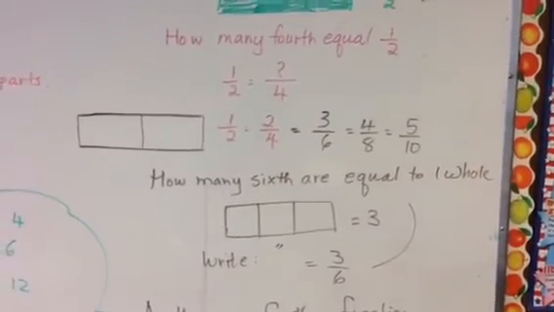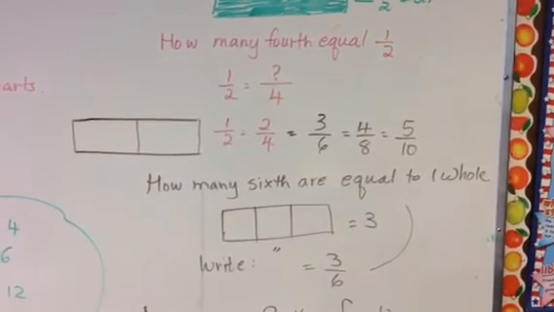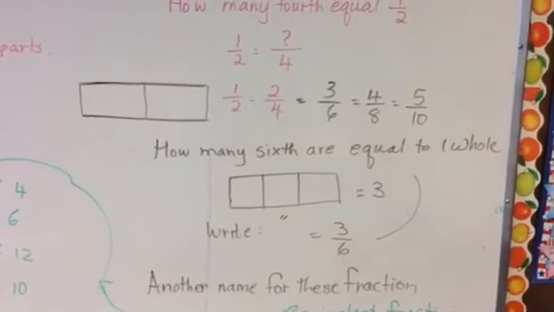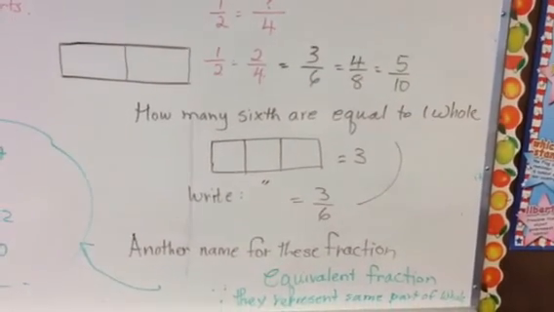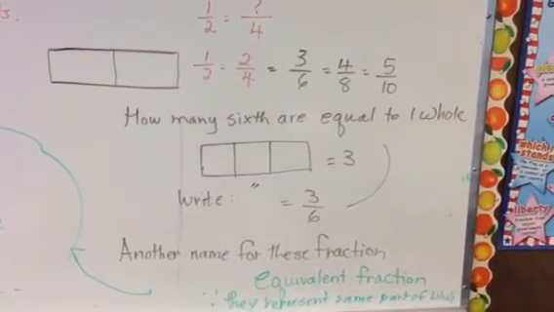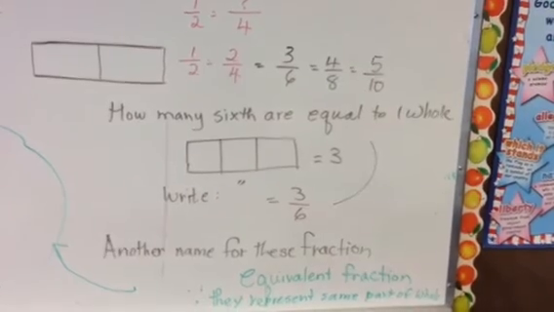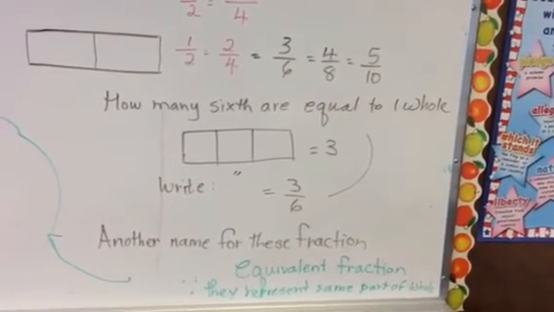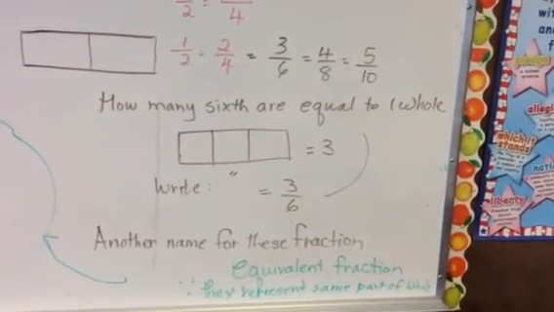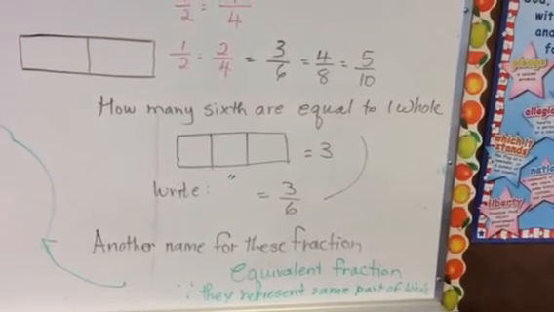The half is equal to 3/6 because it's 3 parts out of the 6. Another name for these fractions is equivalent fractions. And that means they represent the same part of a whole. There were 6 parts of the whole, but only 3 are present. And that is equivalent.